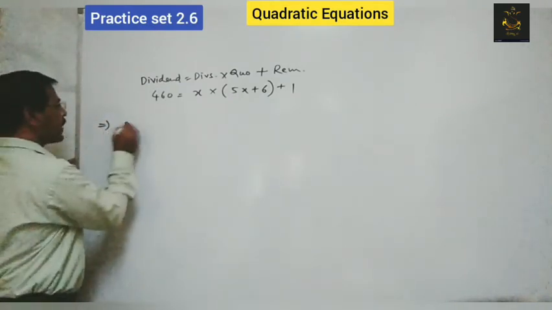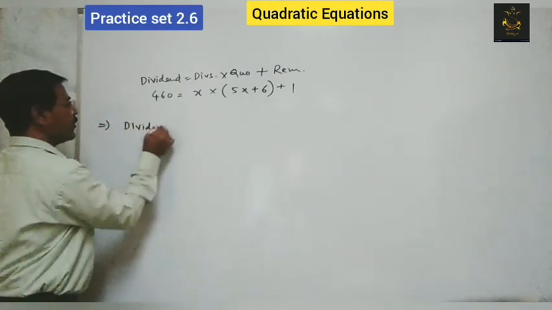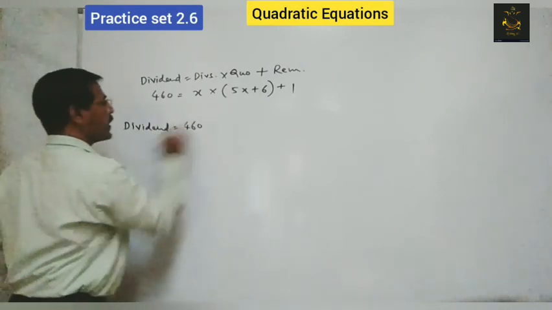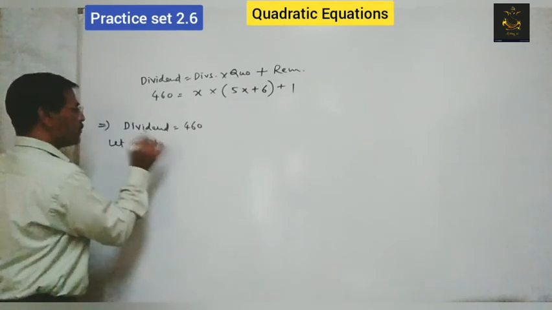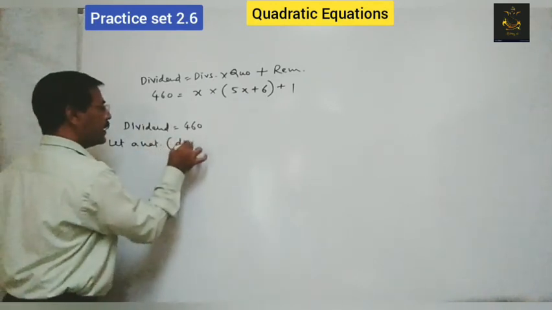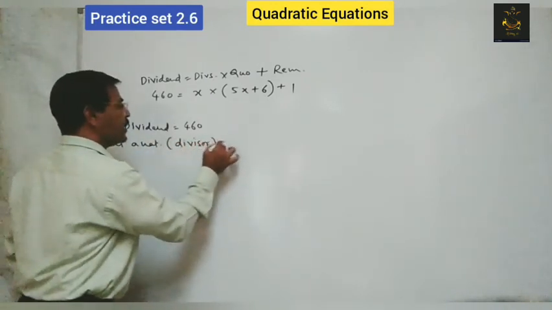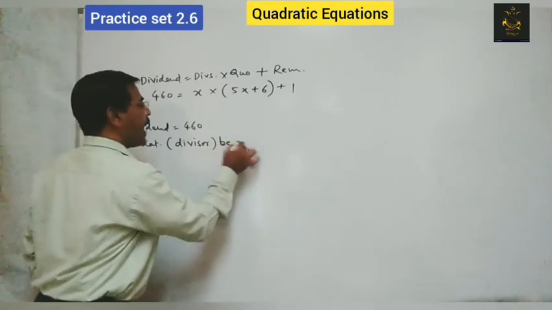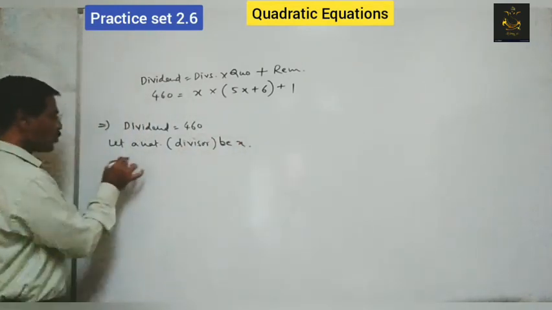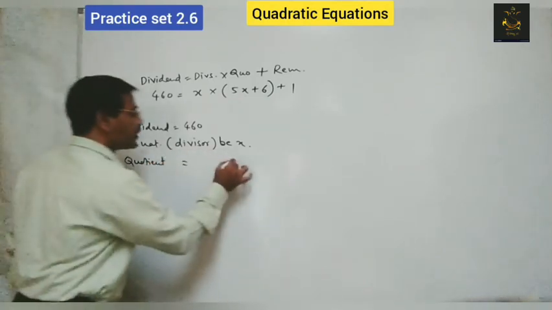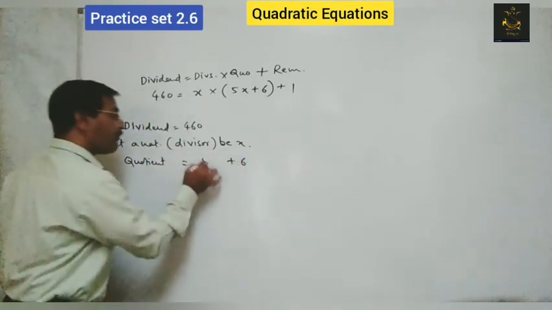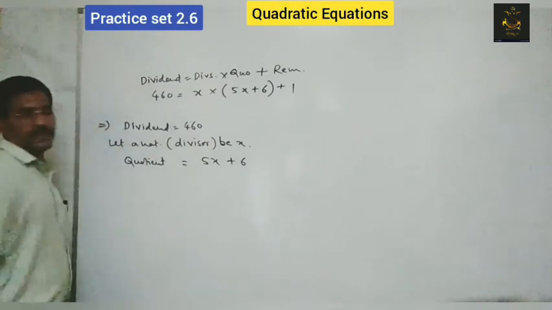So what is that? We write here: dividend is 460, divided by a natural number, that is the divisor, which we suppose is x. So the quotient, that is what? 6 more than 5 times the divisor.